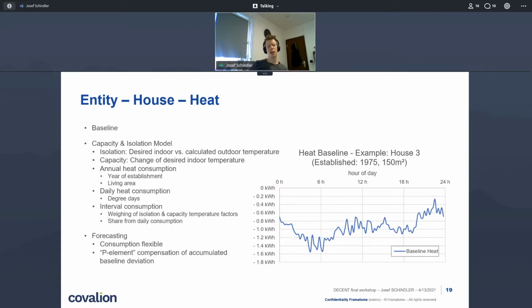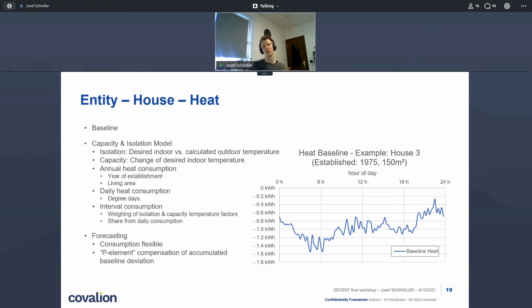The forecasting is more flexible than for electricity because we can use the heat capacity of the house. So not all unmatched bids are compensated from the own heat production, but there is more like a P element that compensates the baseline deviation.